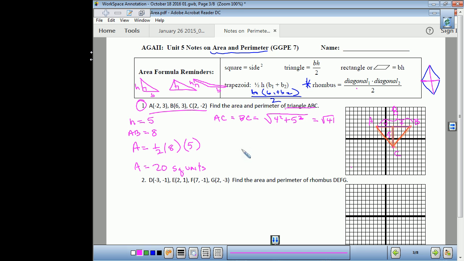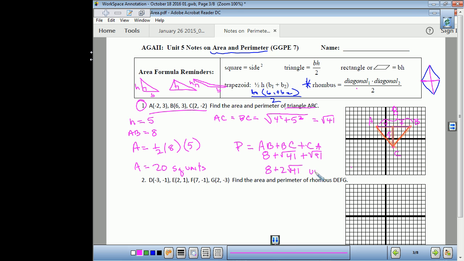Both. So the perimeter would be this 8. It would be AB plus BC plus CA, or AC. So it would be 8 plus square root of 41 plus square root of 41, which simplifies to 8 plus 2 roots of 41.